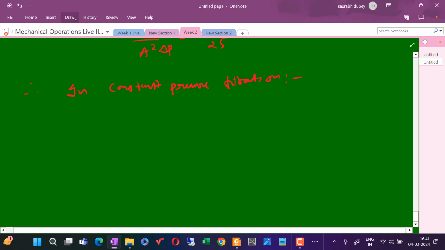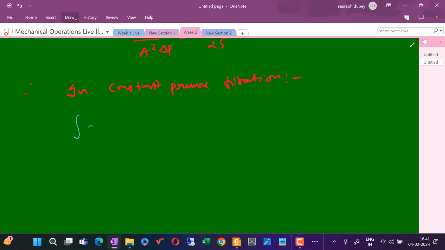So here the integral of dt from 0 to t equals mu alpha c divided by a square delta p times the integral of v dv from 0 to v, because this is constant pressure.